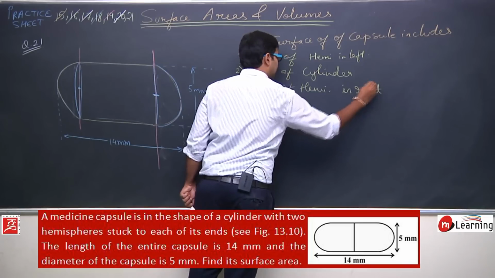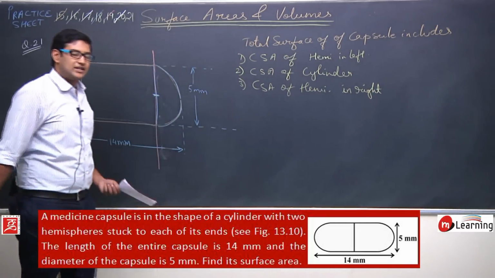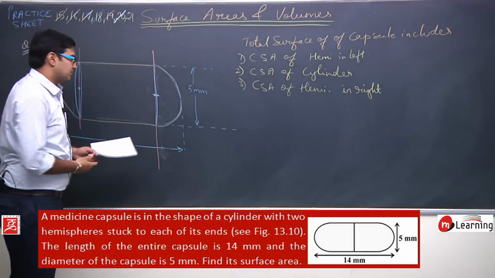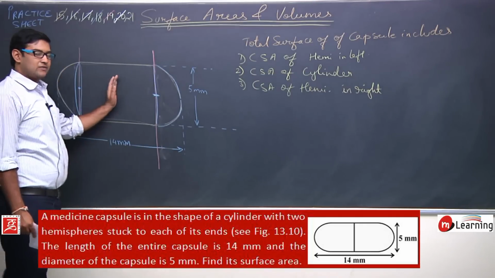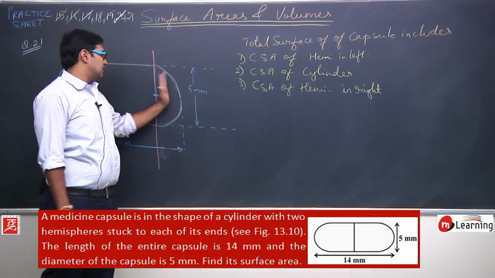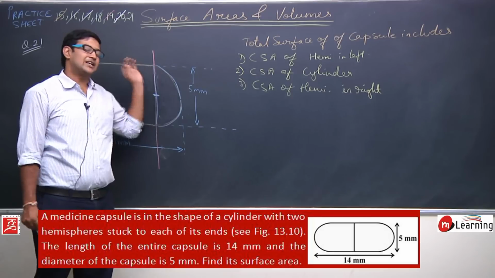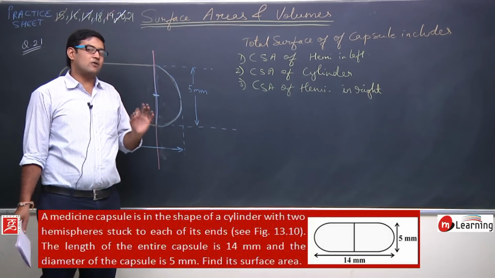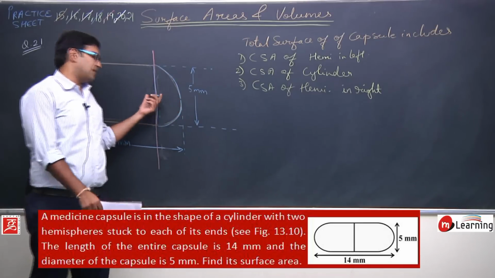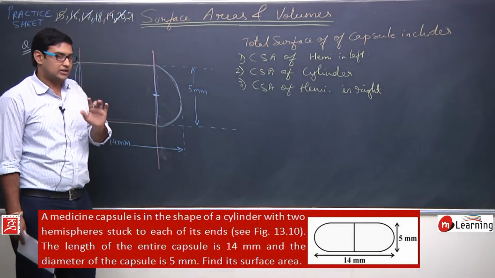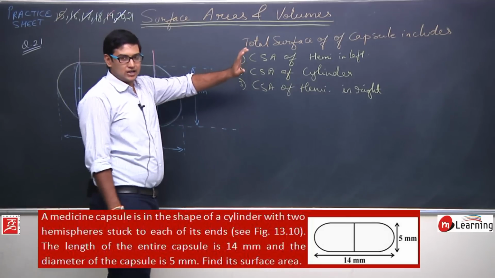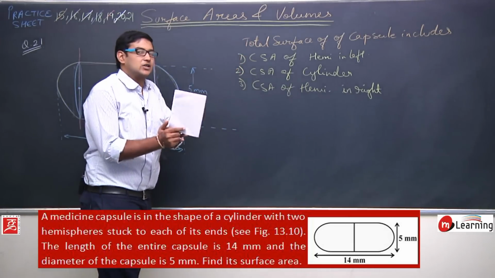So these are the three curved surface areas that we can see. This is the first curved surface area, this is included. This is the curved surface area of the cylinder, this is included. This curved surface area is also included. Remember, the base of the cylinder or the hemisphere are not included in the total surface area, because you can see the bases are stuck to each other.